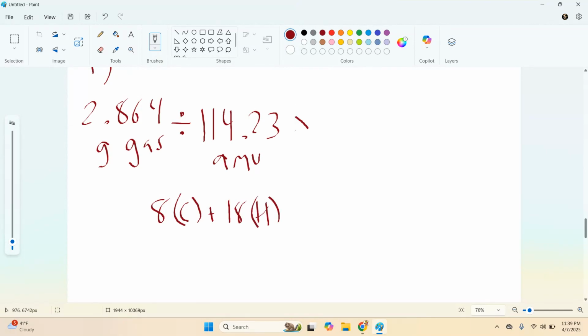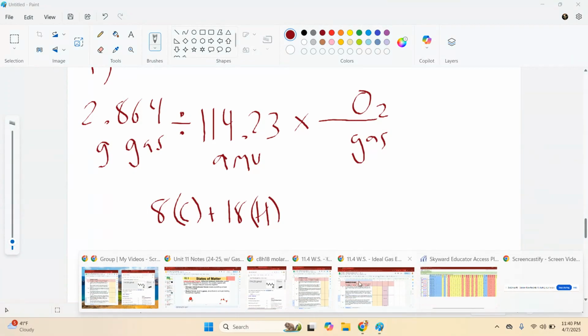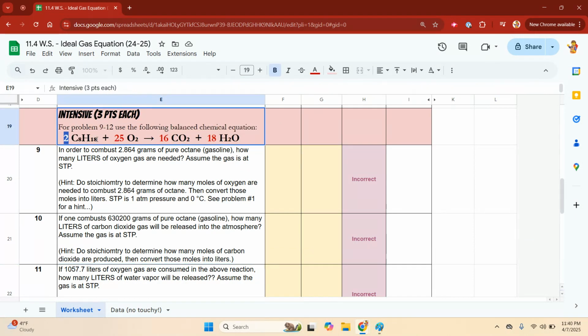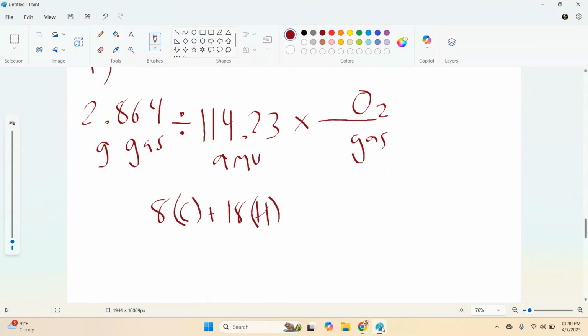All right, next up, we need a mole ratio conversion. So we are getting out of gasoline and into O2, oxygen gas. Let me go back to that worksheet and see what the balanced equation is. It says here, for every 2 gasoline molecules we burn, we also consume 25 oxygens.